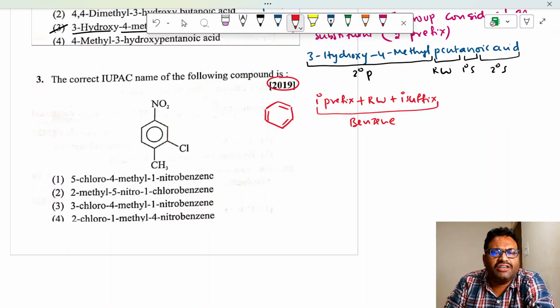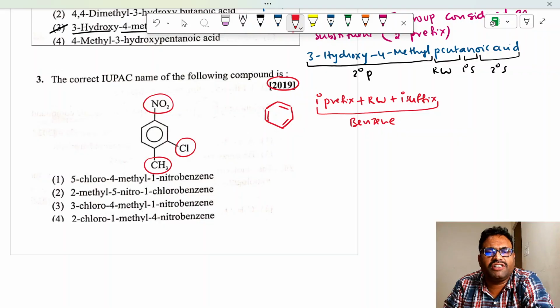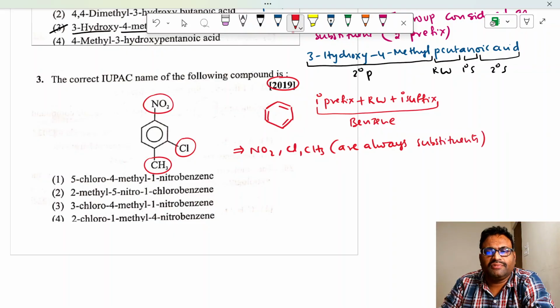Already we have studied that the nitro group, chlorine group, and methyl group, NO2, Cl, CH3, are always considered as substituents, and substituents are always written as secondary prefix.